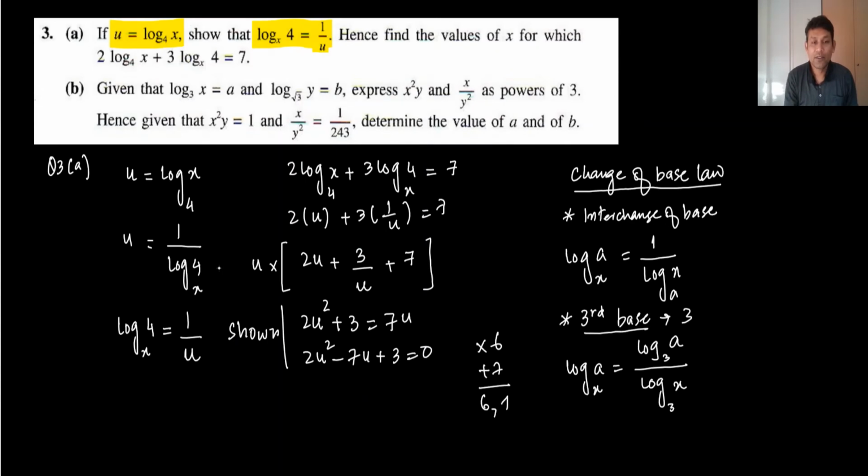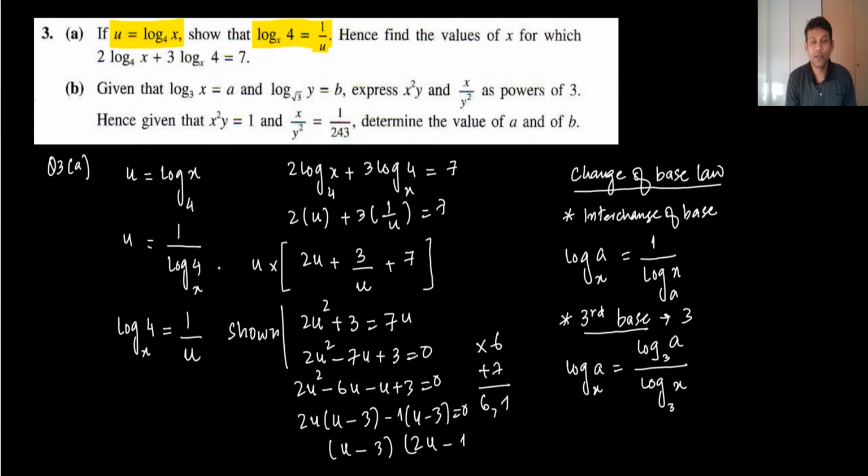So 2u squared minus 6u minus u plus 3. There is a reason why I'm solving the whole question, because we have to do one thing at the end, so be careful. 2u is common, u minus 3. Nothing is common, 1 times u minus 3 equal to 0. So u minus 3 is one factor and 2u minus 1 is the other factor equal to 0.